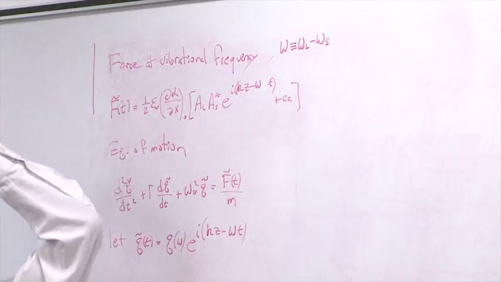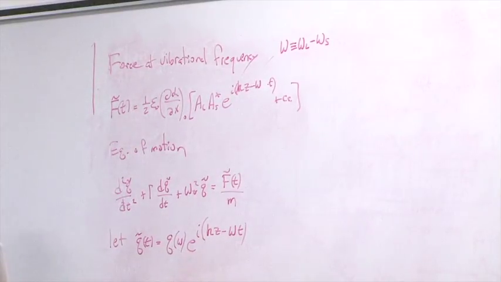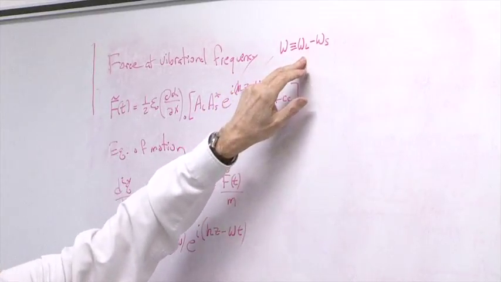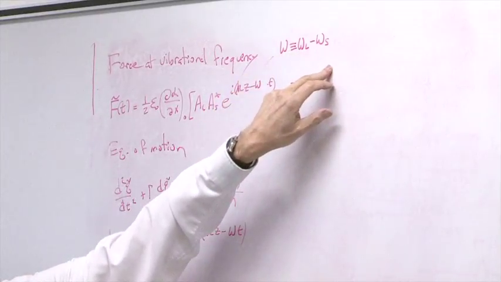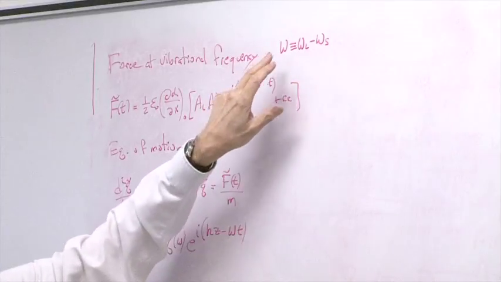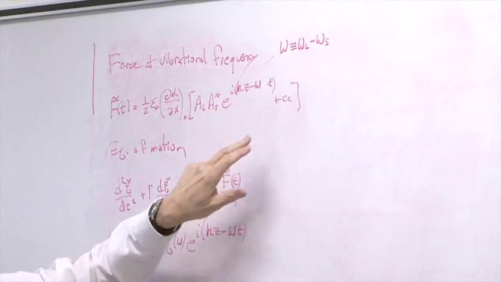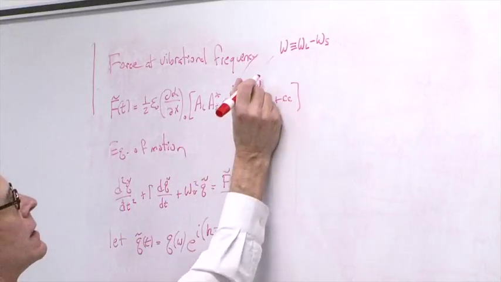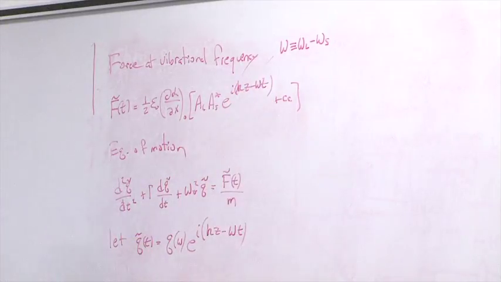In other words, I'm not assuming that we're exactly at the vibrational frequency. Omega laser is the laser frequency, omega s is the Stokes frequency. This is just the difference between the two of them. So it's just omega that appears here.